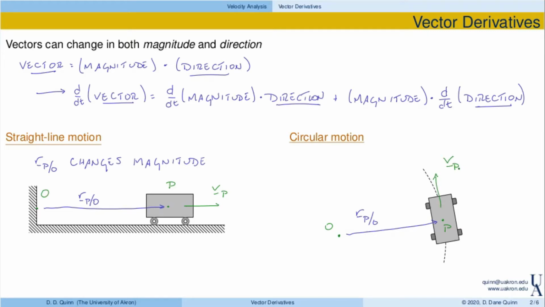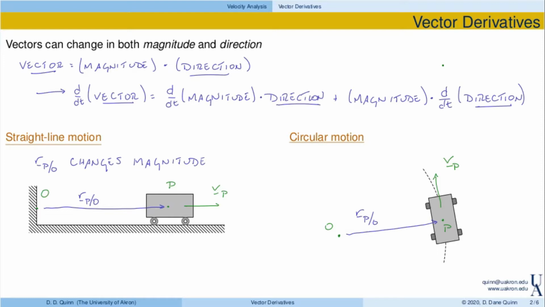Now, in this case, the magnitude of R of P with respect to O would be constant. It's just the radius of this circle. But as the cart moves around, the direction vector from O to P begins to change. Right? So here, this first term would be equal to 0, and we would only consider the contribution from this second term. So these are kind of the two pieces of general vector derivatives.